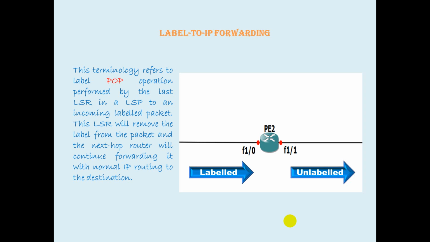So this terminology refers to the label pop operation performed by the last LSR in the LSP to an incoming labeled packet which is already labeled. This LSR will remove the label from the packet, and the next hop router will continue forwarding it with normal IP routing to the destination.